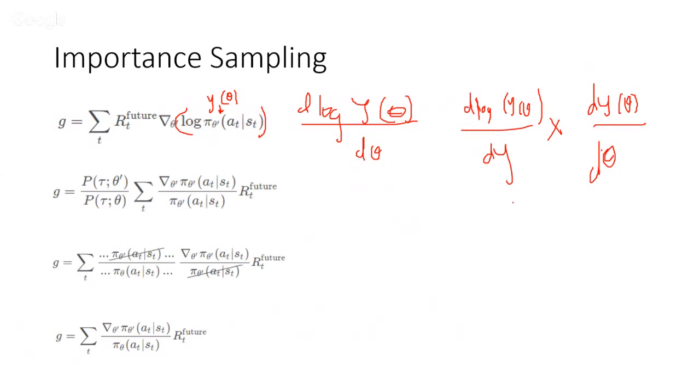The first derivative of log of y of theta with respect to y will be 1 over y, so we get 1 over y of theta. You get it, right? 1 over y times dy by d theta.